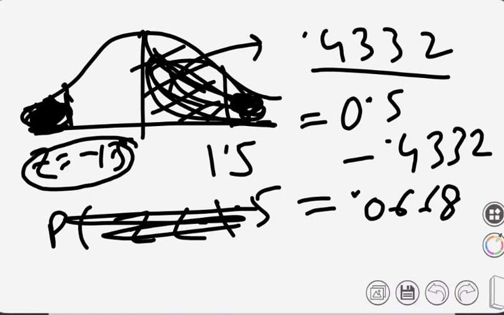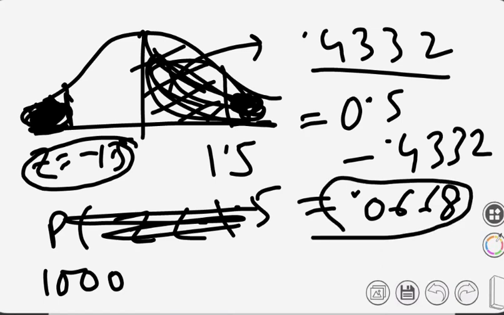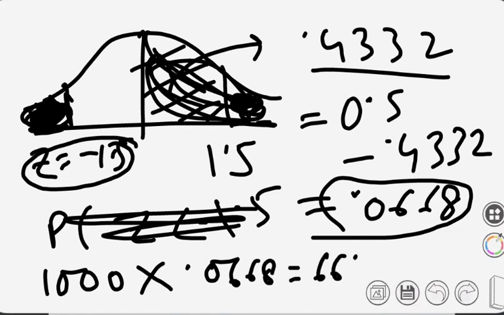And what is the question? Number of bulbs. So the total number of bulbs is 1000, and the probability that the life of the bulbs will be less than 90 came out as 0.0668. So what will be the number of bulbs? Number into probability, 0.0668 times 1000, that means 66.8.